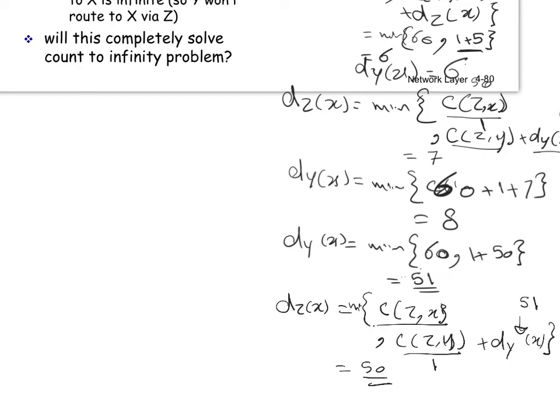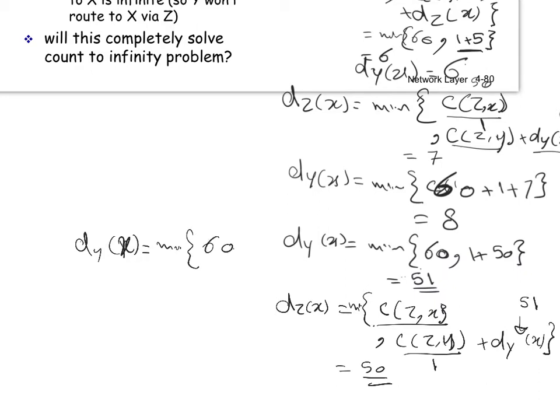Okay? So now Z will not route through Y. Z goes directly to X. So now the cost between Z and X will be 50. Okay? So the cost between Z and X is now 50, and X will send back to Y. So Y will calculate again the cost between Y and X. What is that distance?